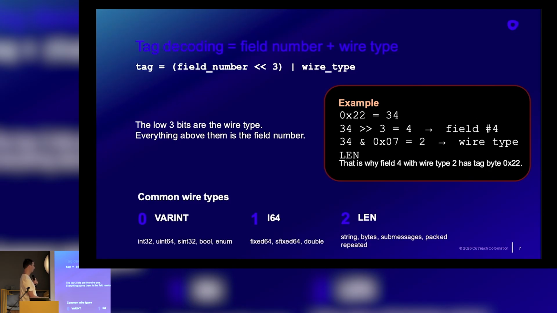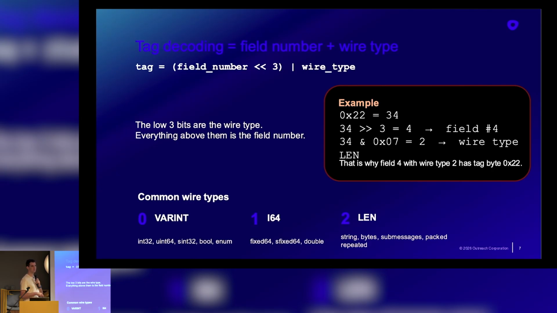So what are the main wire types? It's the VarInt, or variable length integer, it's a fixed int, and it's the length delimited payload. These are the main 3. There are a little bit more.